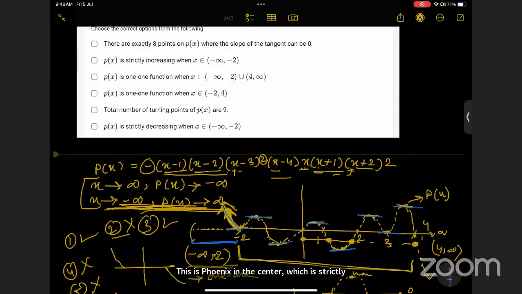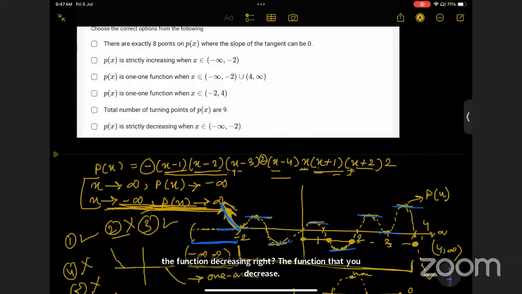Ma'am, actually it is above the x-axis, so it is increasing only, right? For minus infinity to minus 2, it is above the x-axis means it is increasing. No, not like that. When x is increasing, then the function is decreasing. The function is actually decreasing.